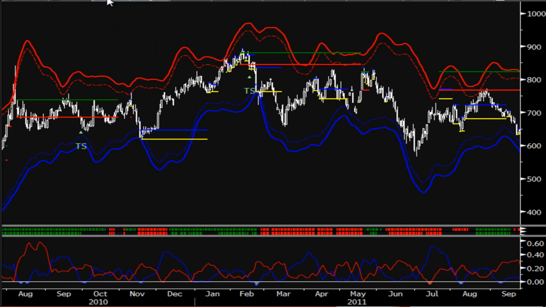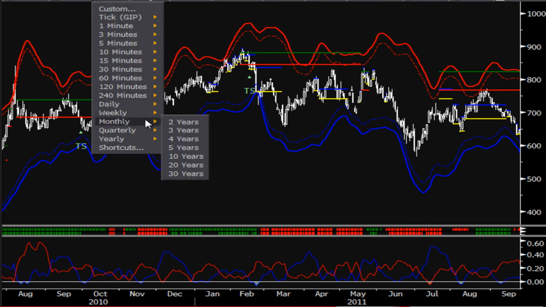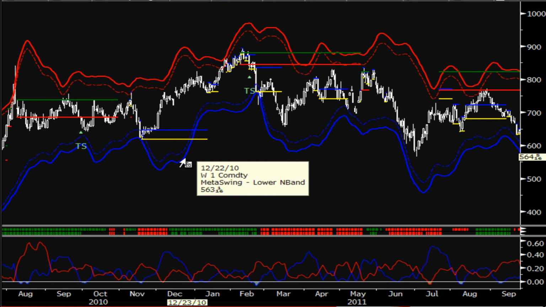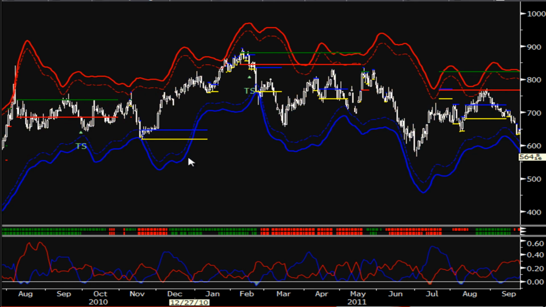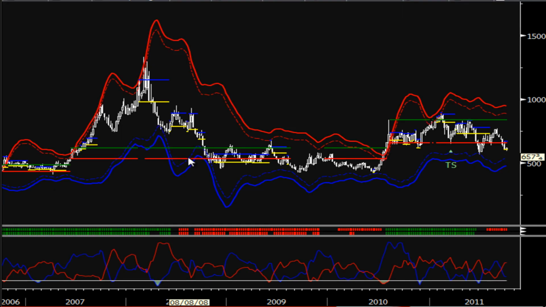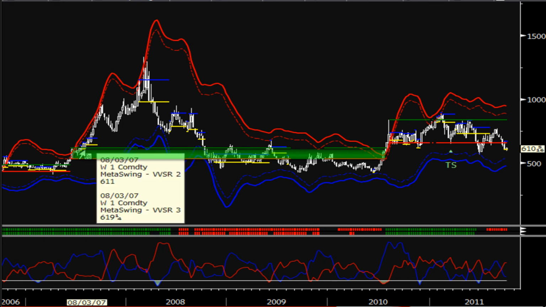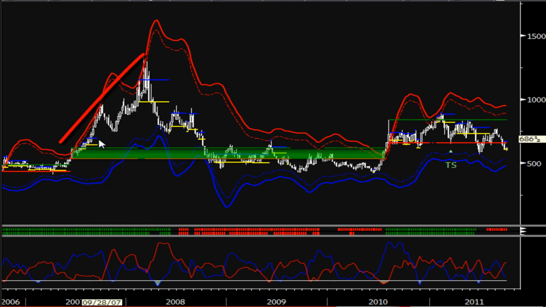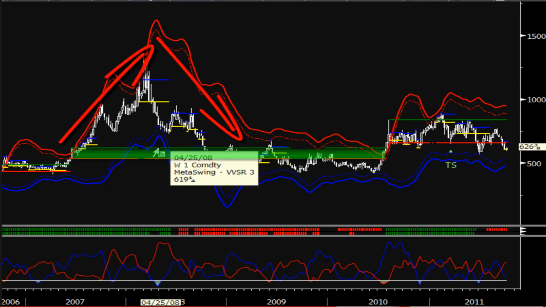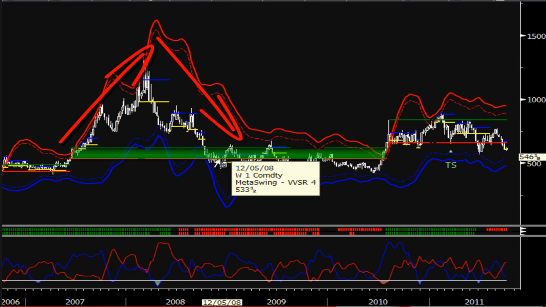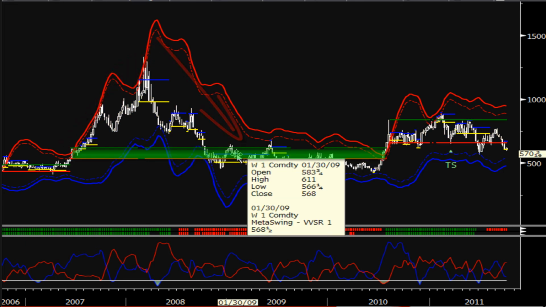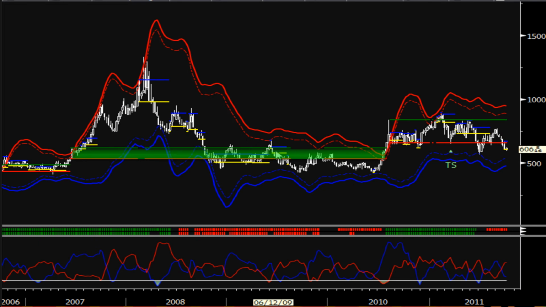So let's go ahead and build the weekly chart. The same thing happens. What was once resistance is now support. So after a long advance and decline, you have these levels being put in that are showing strong support tendencies and resistance as well.